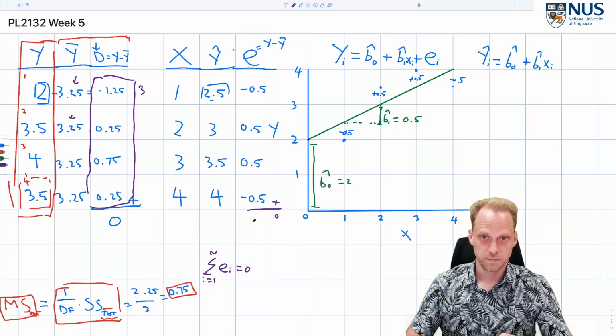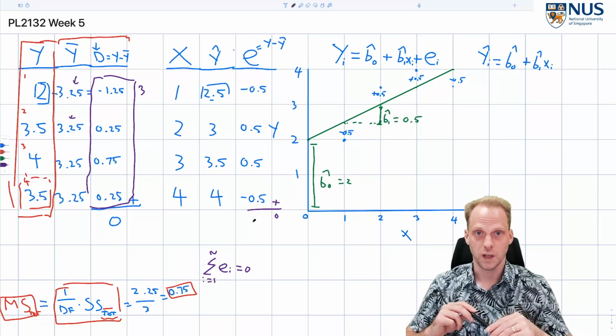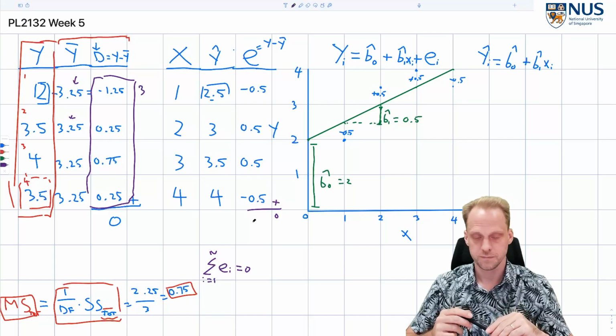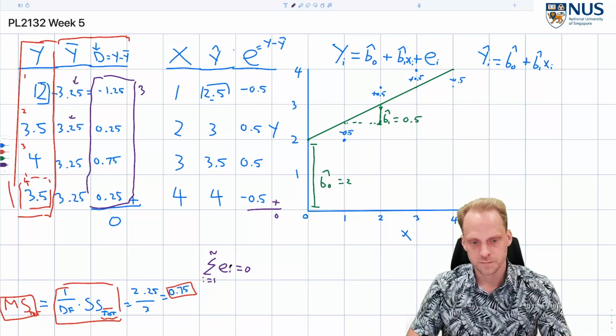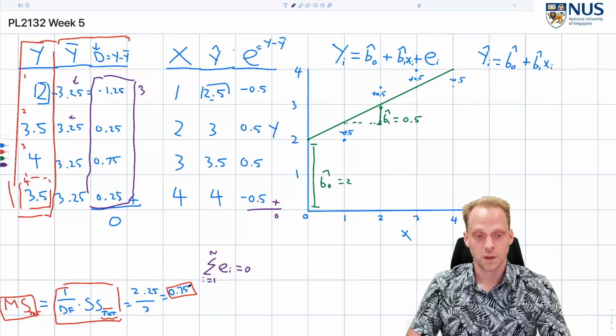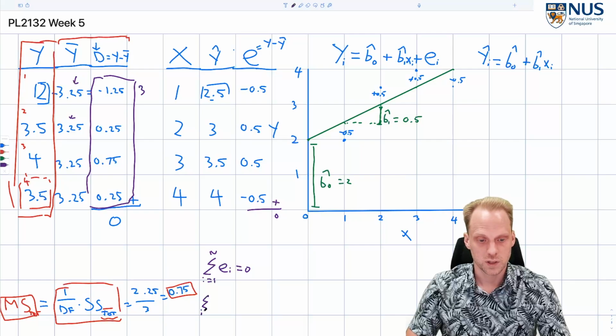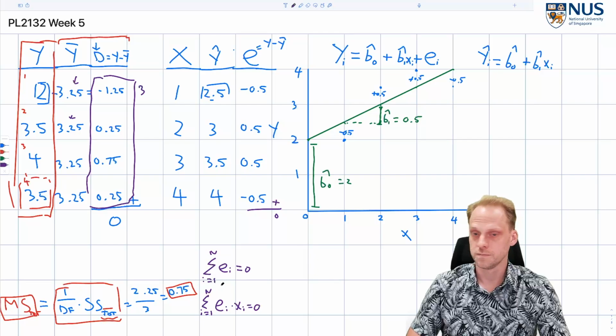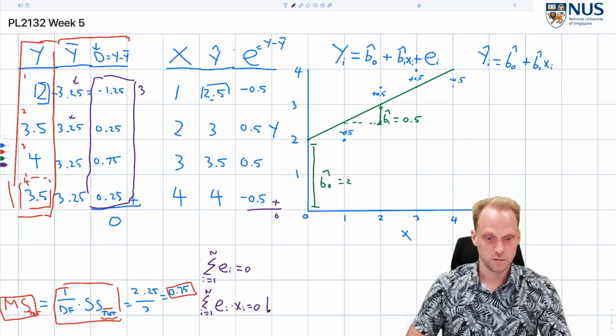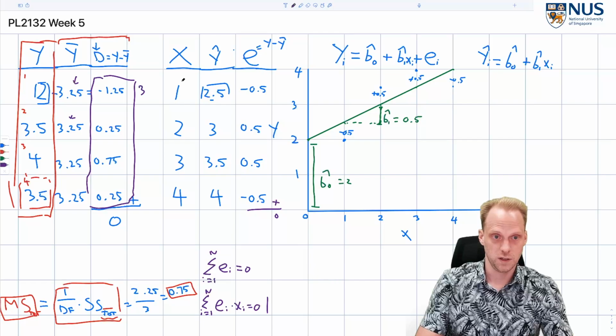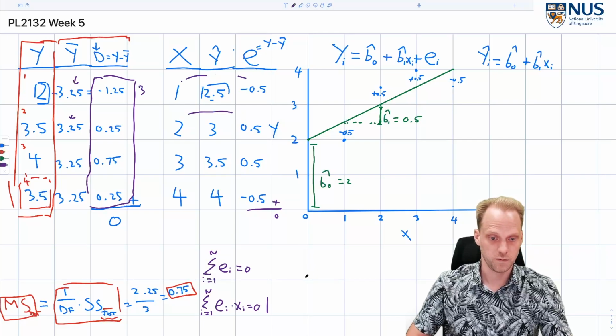But there's another constraint. We also assume that the error is not correlated with the predictor x. And because the error has a mean of 0, we can do some algebra, and I'm not going to do that here, so just trust me that it's correct. It says that the sum of error times x should also be 0. Let's take a look. So that's this times that, that times that.